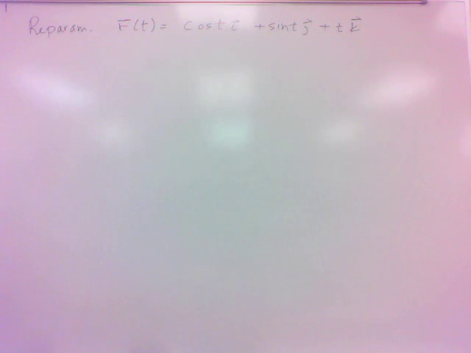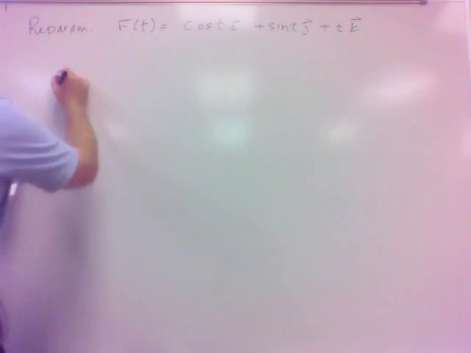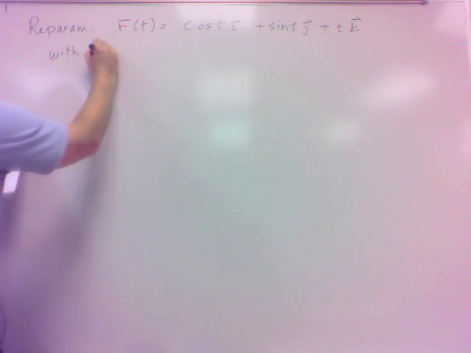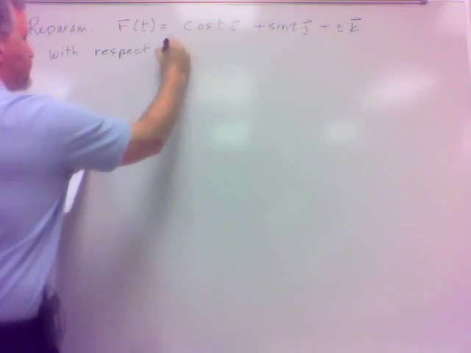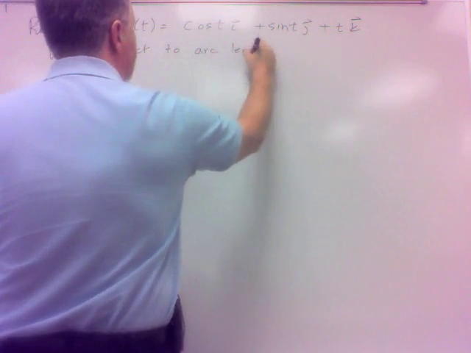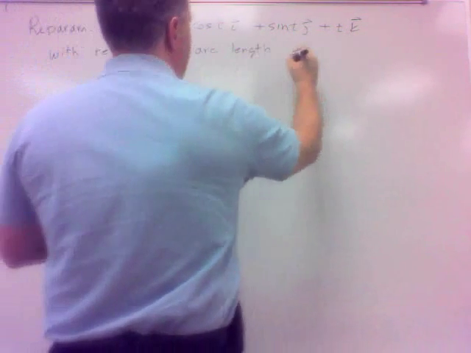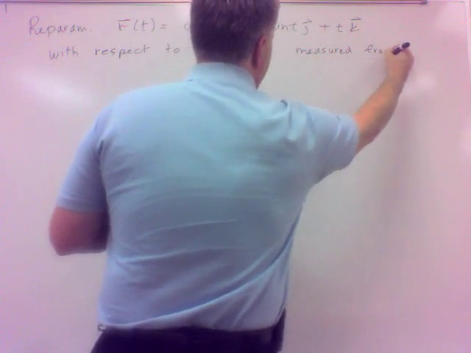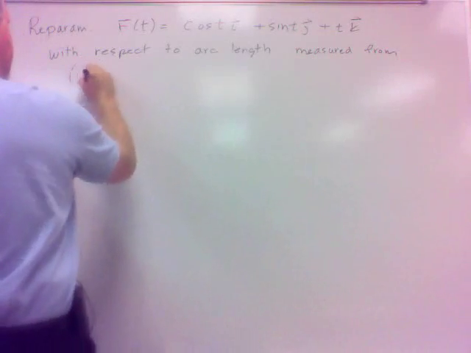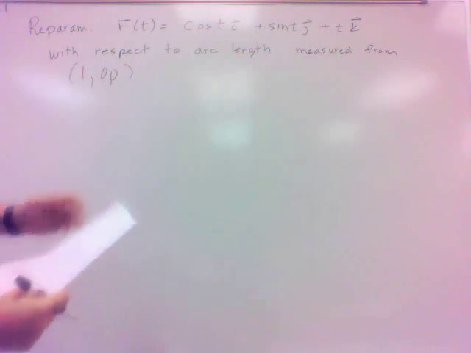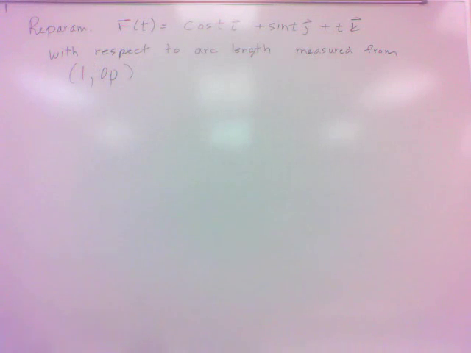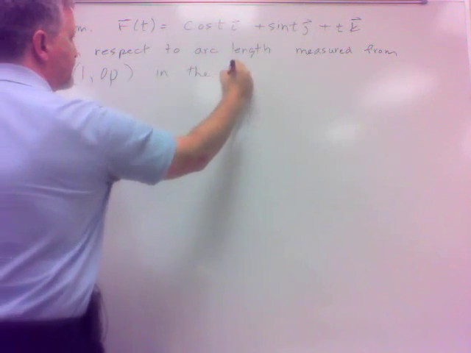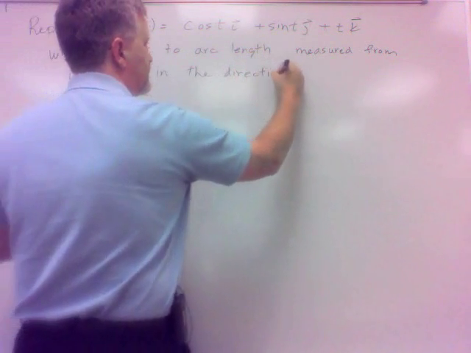So we're going to reparameterize with respect to the arc length, measured from our initial point (1, 0, 0), which note is time t equals 0, in the direction of increasing t, just to be specific about it.